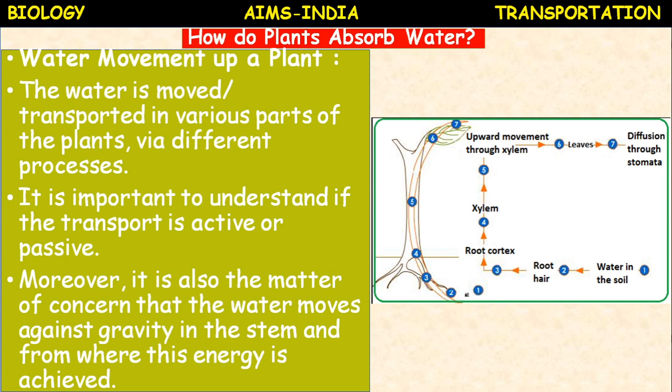First, water is absorbed by root hairs, root cortex, then enters into the xylem tissue, means apoplast, symplast happen here. Then next part, upward movement through xylem, reach the leaves, and again the diffusion through stomata. A transpiration process occurs. There are so many forces, so many processes which help the plant to absorb the water.